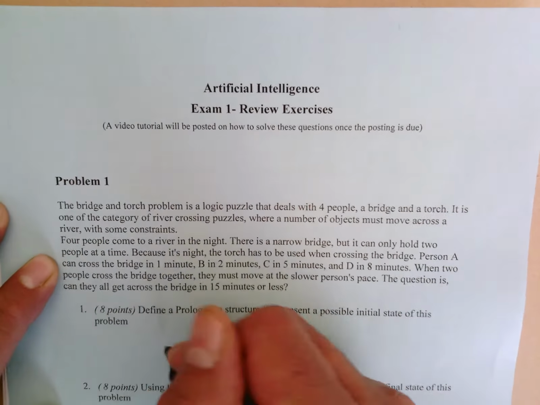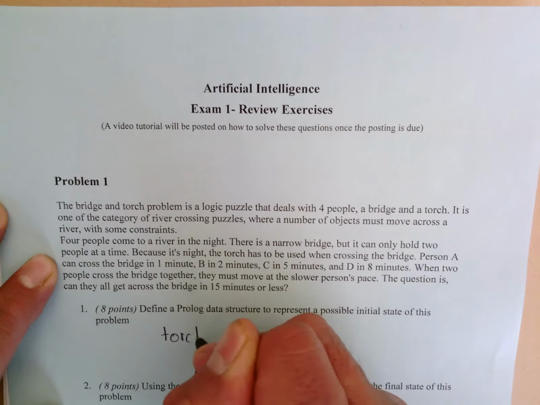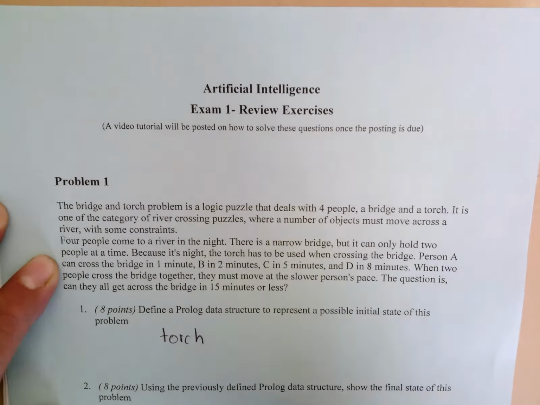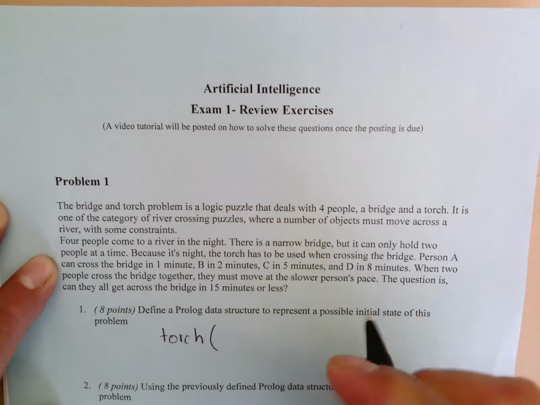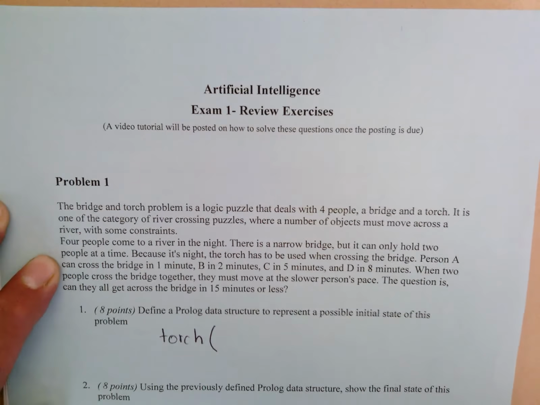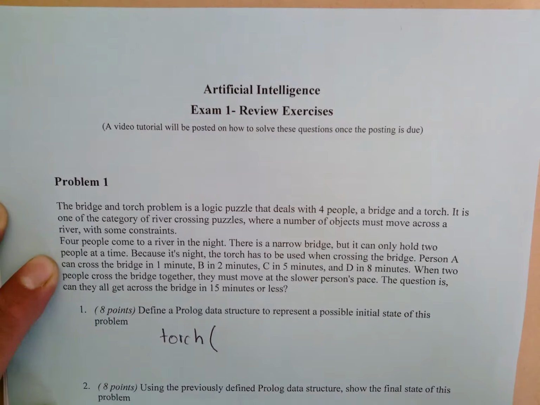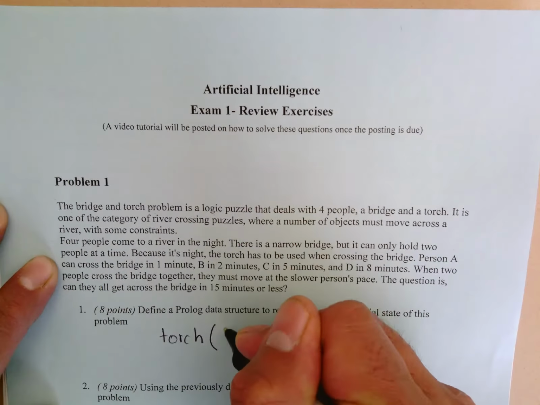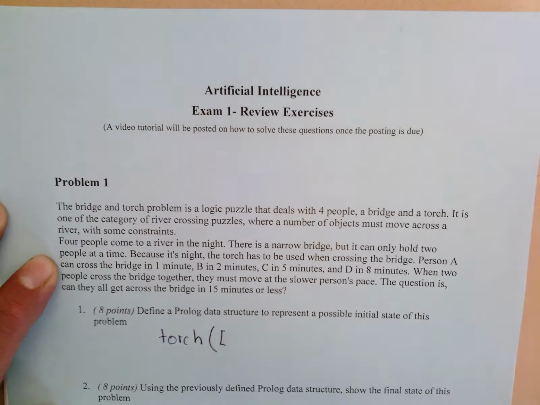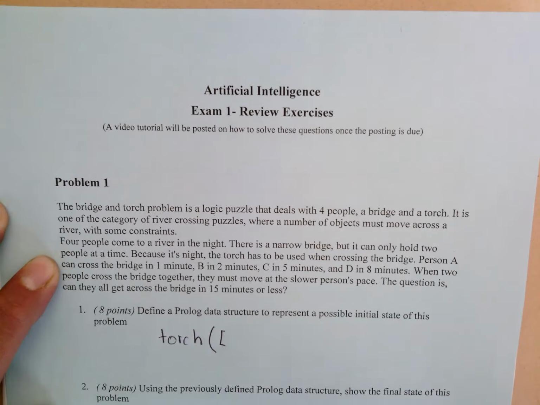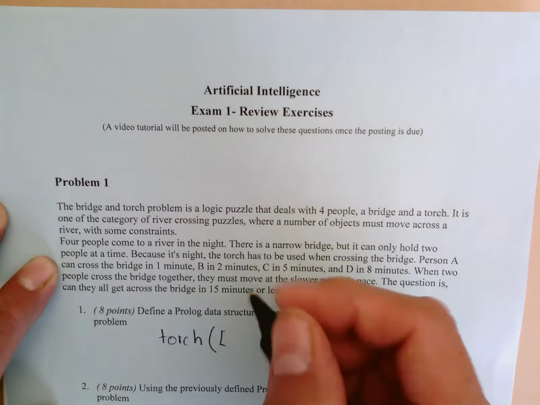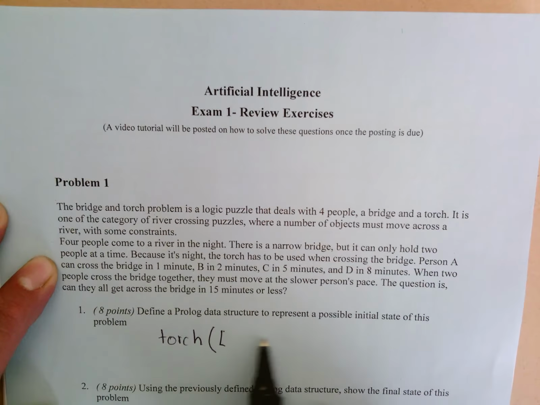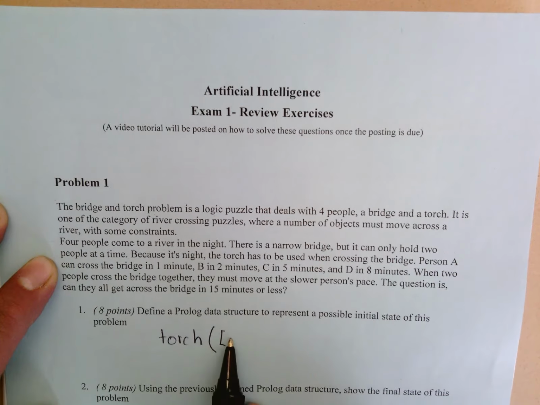One of the ideas that I have in the way that I will program, I can probably call a state like this, torch, and then the elements of the list can be the first element.